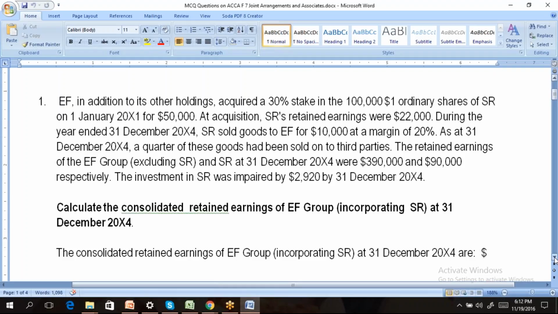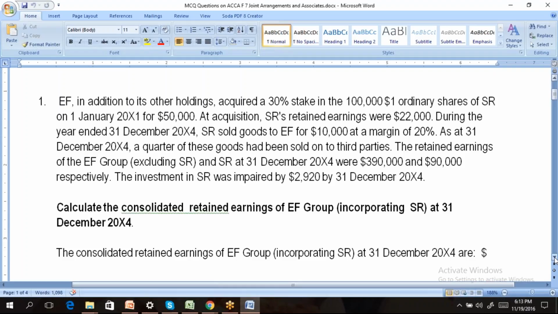Consolidated statements have to be prepared only when you have a subsidiary. So here, the examiner says very clearly, in addition to other holdings, that means they have subsidiaries. But they acquired a 30%. If those other holdings are not there, you don't need to prepare consolidated statements.